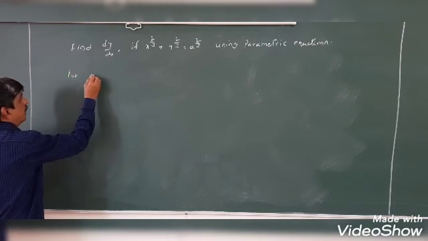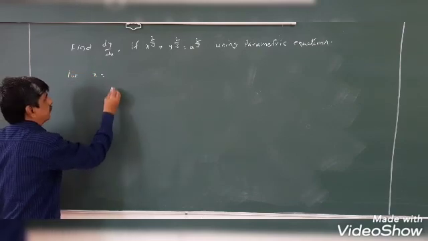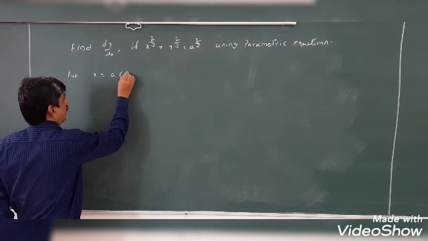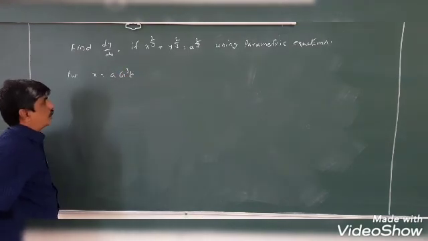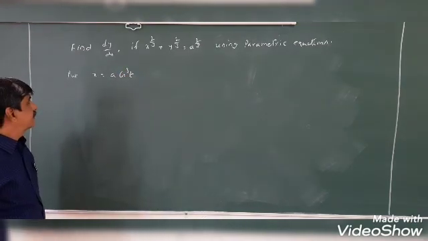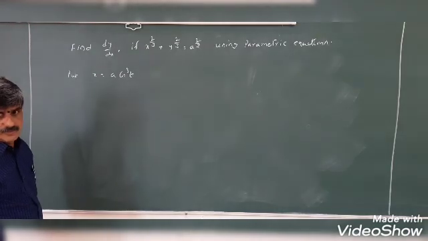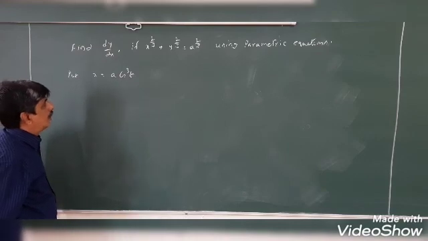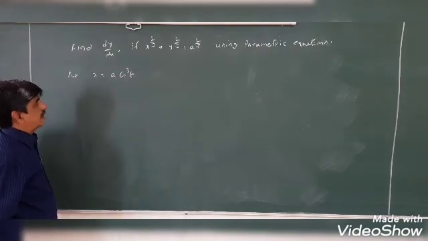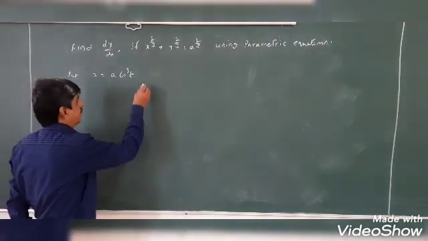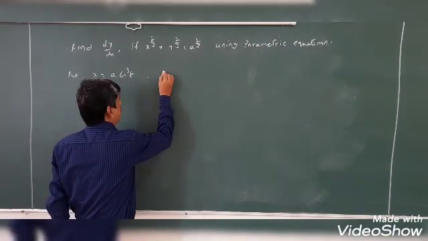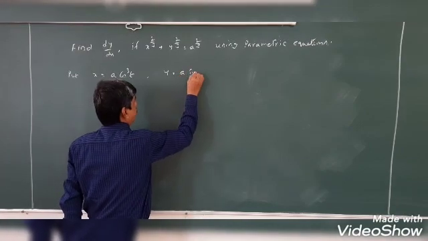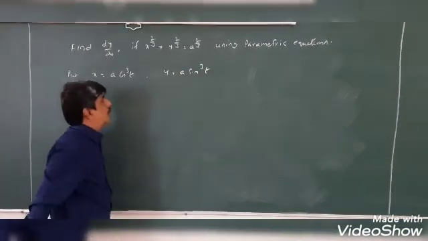Put x is equal to a cos cubed t and y is equal to a sin cubed t.